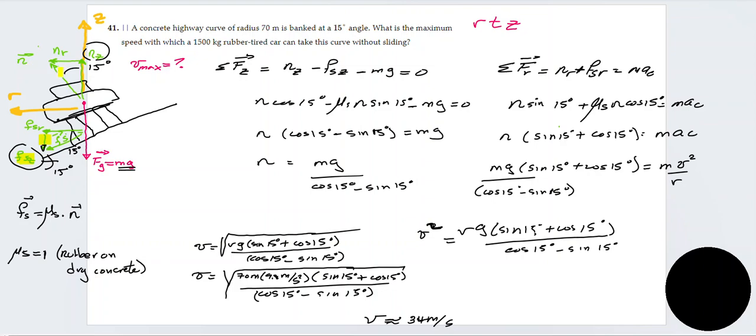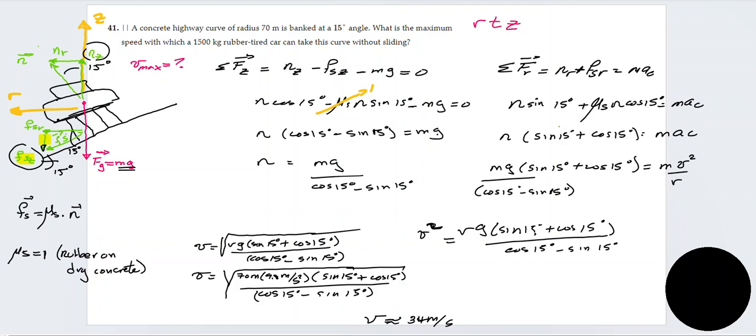Minus mass times gravity. So now we're going to solve for the normal. Of course, we know that the coefficient of static friction, based on the information provided with the book, is 1. So we have N cosine 15 minus N sine 15 minus mg is equal to 0.